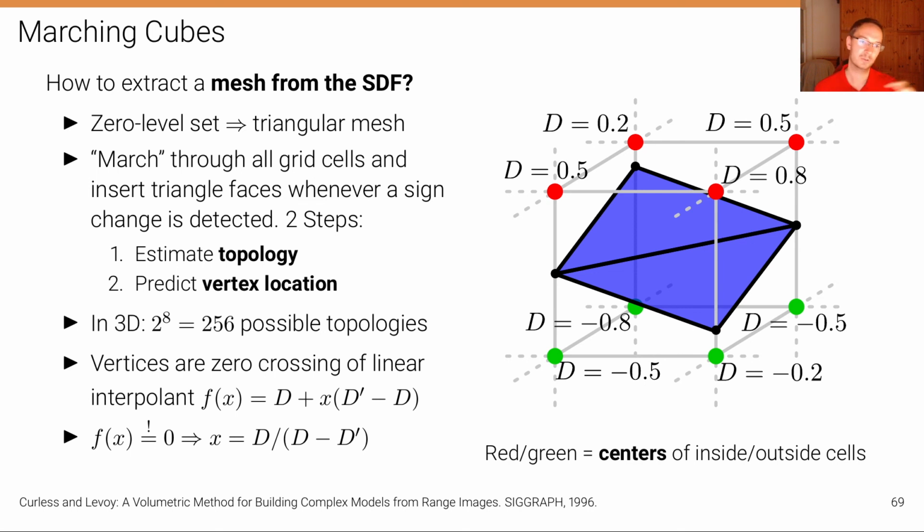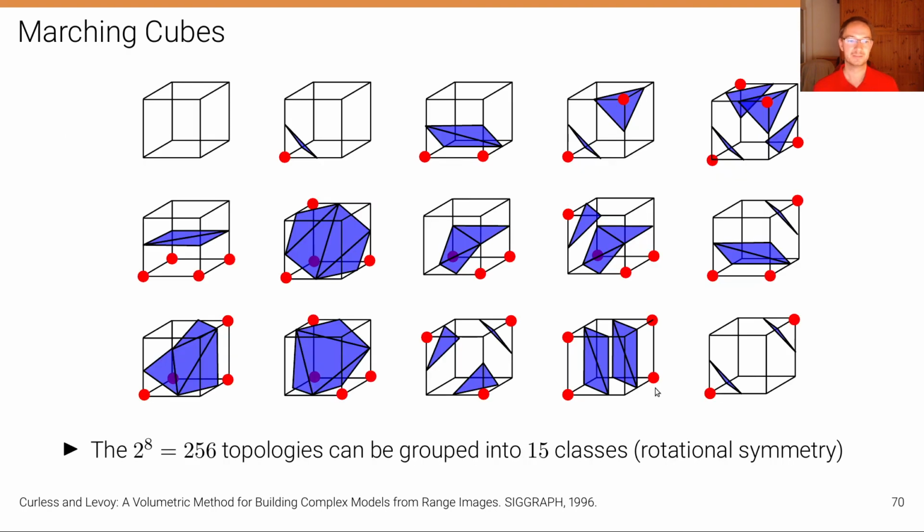We do this for all cells in our grid, and this gives us our mesh. Here's an example of the different topologies that we can observe in the 3D case. In fact, there are 256 different topologies, but they can be grouped into 15 equivalence classes due to rotational symmetry, and these are shown here.